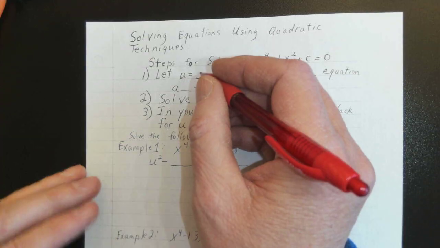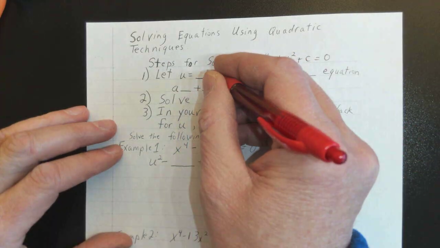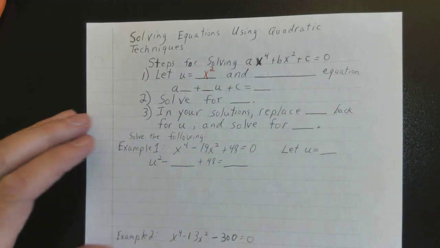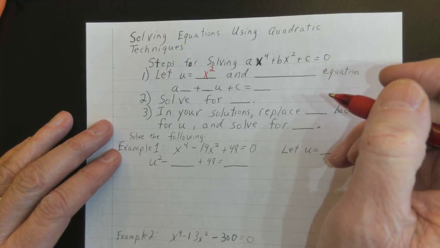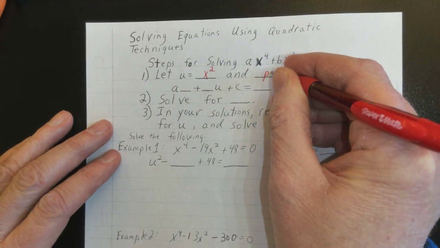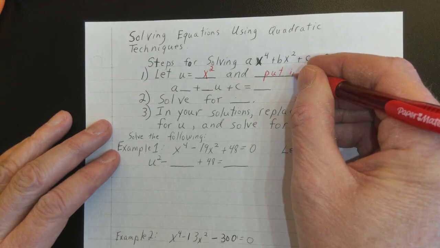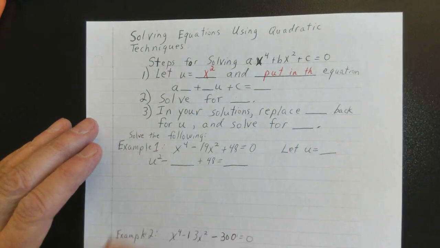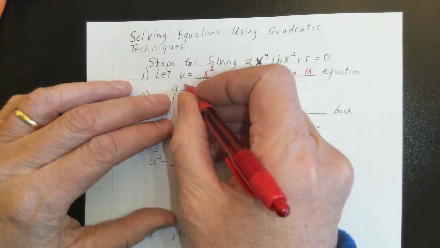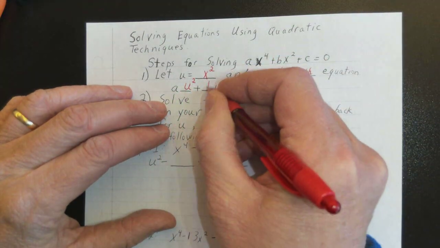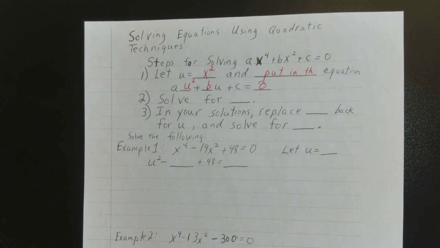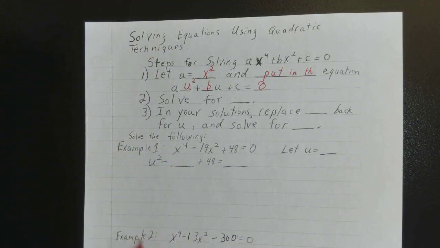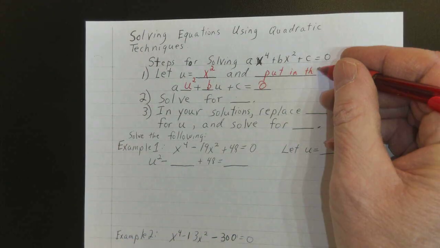First thing we're going to do is we will let u equal x squared, and put in the equation a u squared plus bu plus c equals 0.